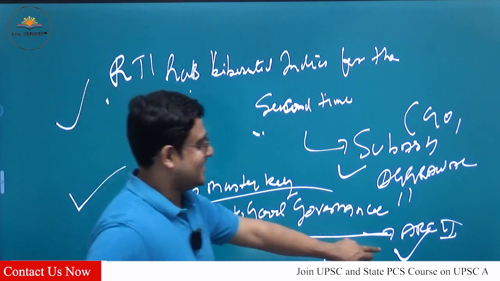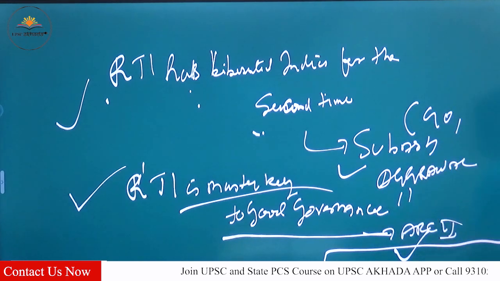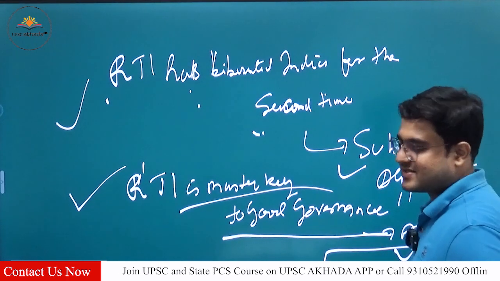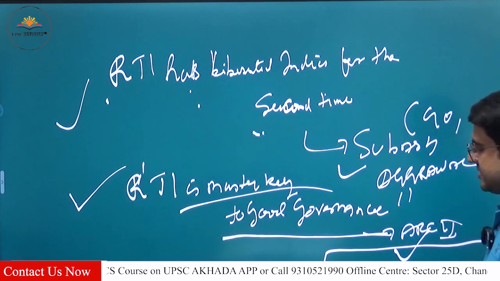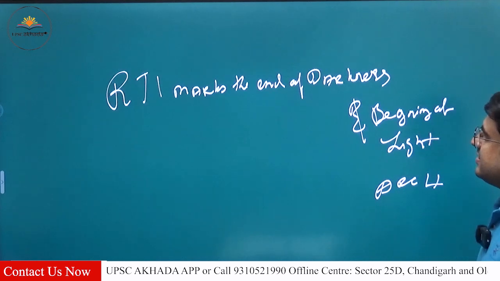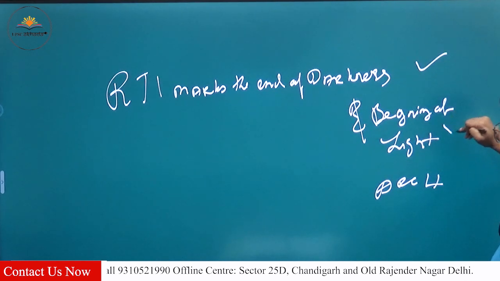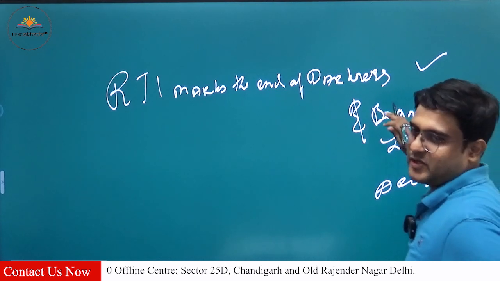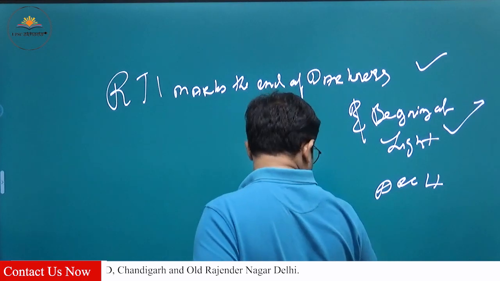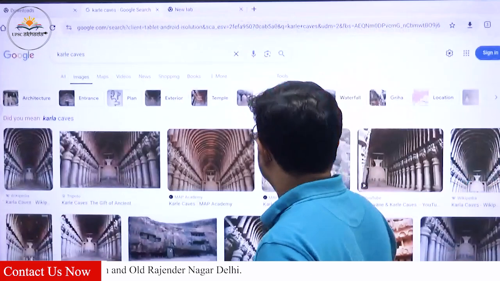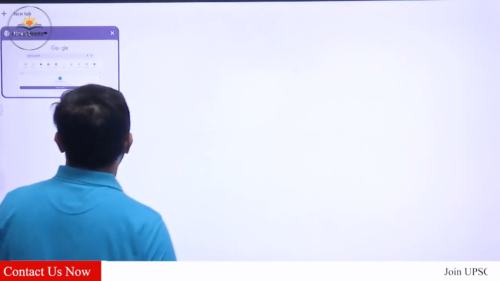Second ARC. So you have to justify that other tools are also required for good governance, and RTI alone won't suffice. RTI marks an end of an era of darkness and the beginning of light, Second ARC again.